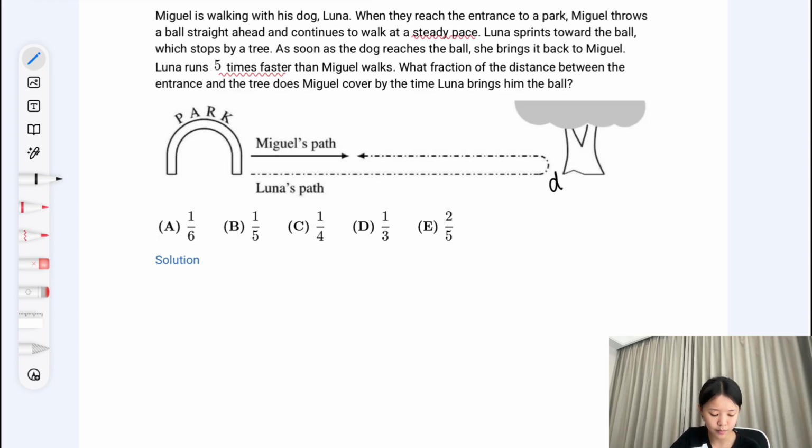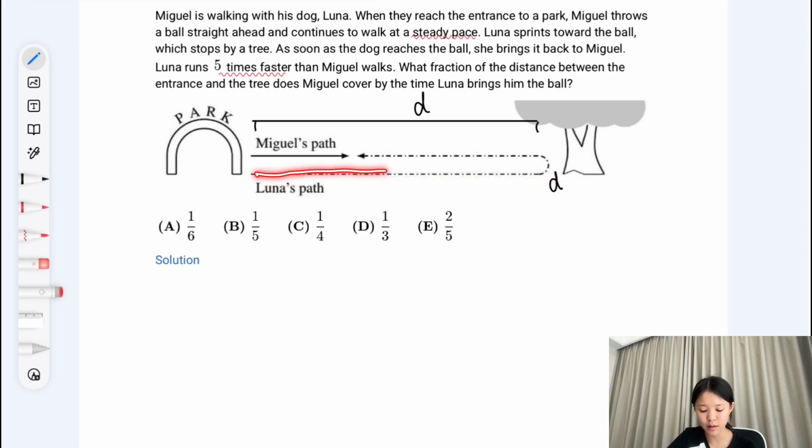And you'll notice this whole thing is equal to d. But you notice that they ran twice, right? In total, Luna runs 1d, and then she helps Miguel make up for the second d. So the total path that they're actually walking is 2d.